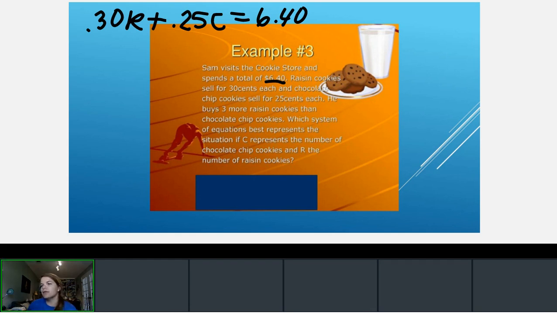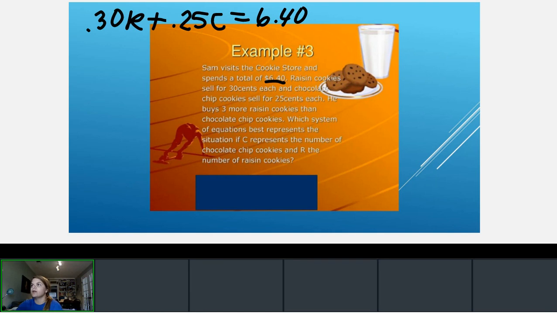All right, and then the second one, this one's going to be a little bit different. So we know that he buys 3 more raisin cookies than chocolate chip. So let's say he buys 1 chocolate chip cookie.